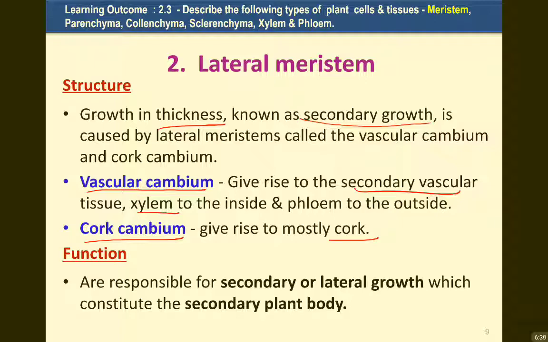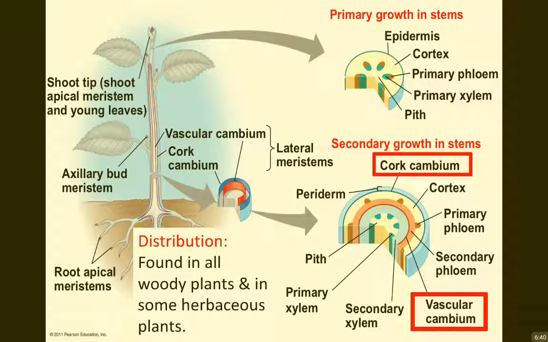So function, secondary growth or lateral growth. Okay, increase the diameter of the plant. Right, so distribution, we can get it in woody plants and some herbaceous plants. So for the secondary growth, the plant can increase in diameter.